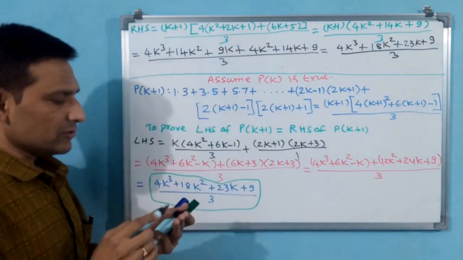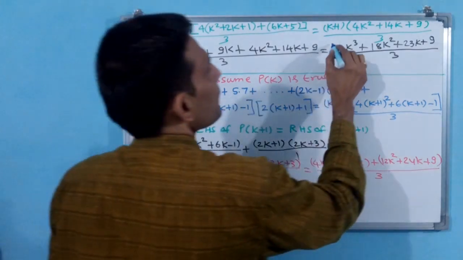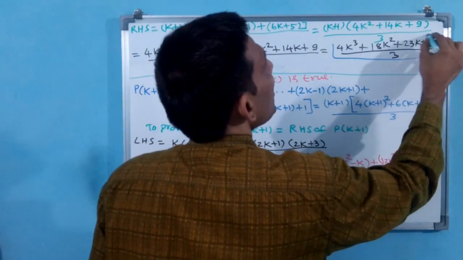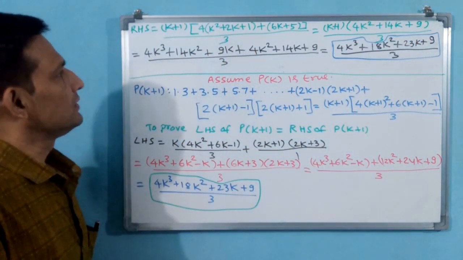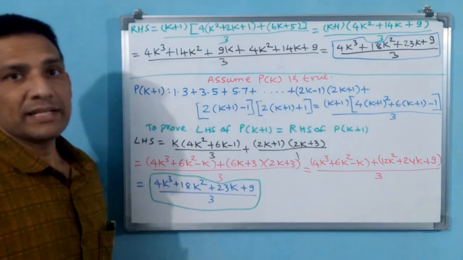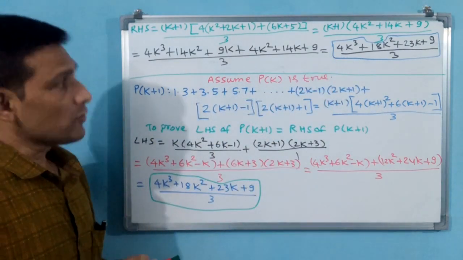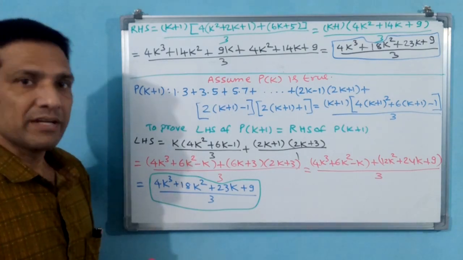Now like here, that also you make one box. One box. Now see, this is RHS, this is LHS. Both LHS RHS matched. What you have to write? You have to write LHS is equal to RHS, hence PN is true.